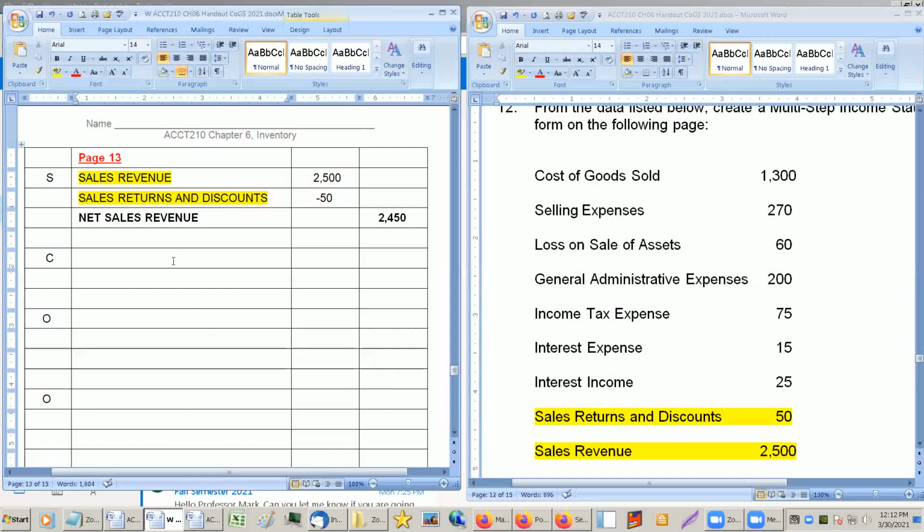Okay, then we go to C, which is our cost of goods sold.